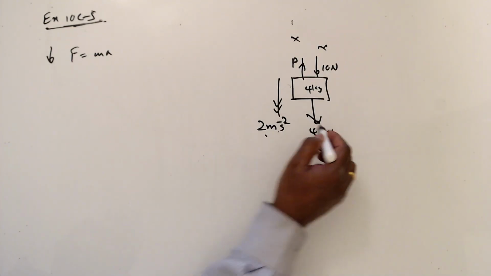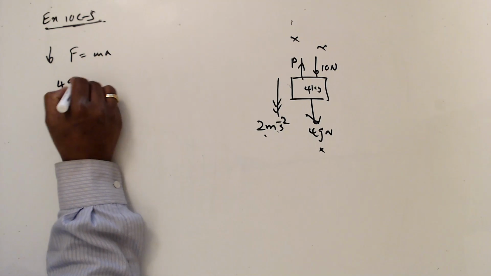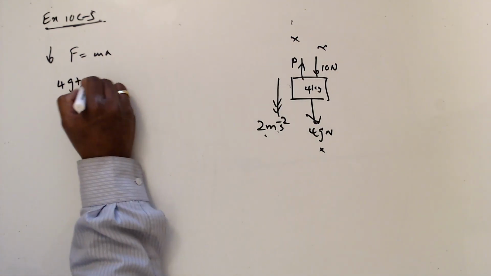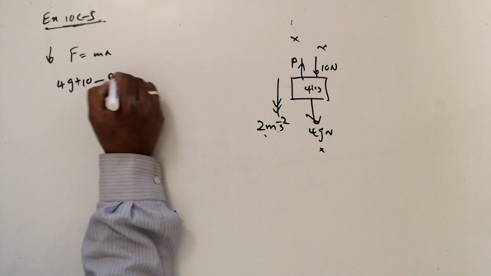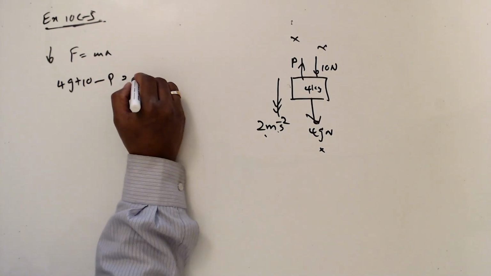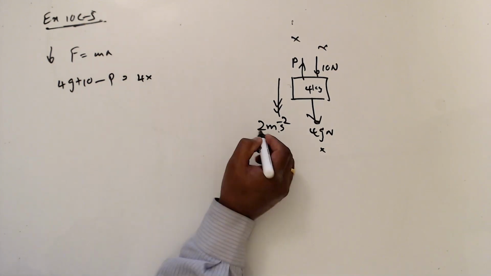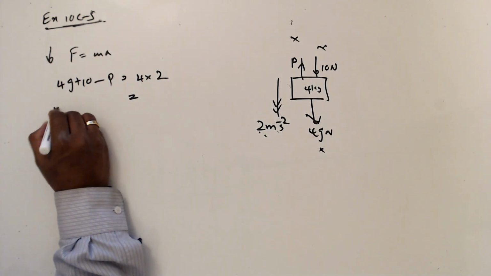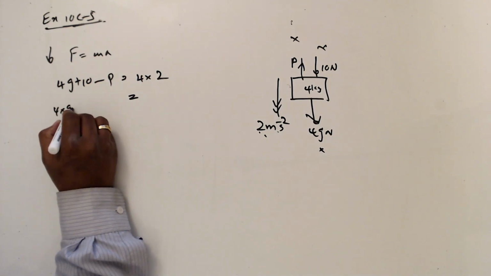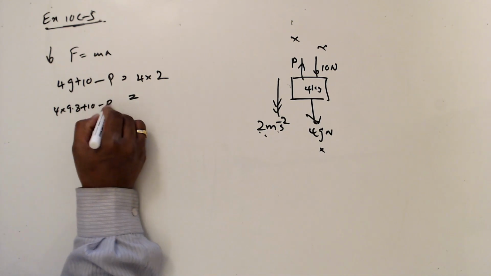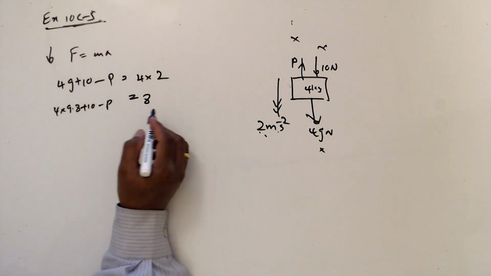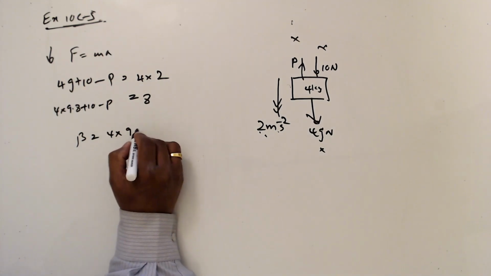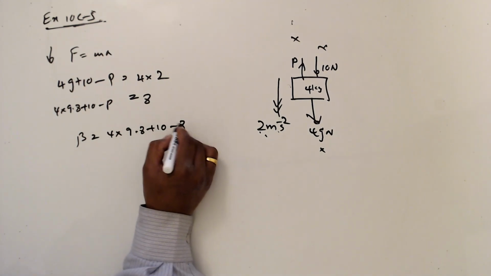So for this direction, 4g plus 10, 10 also is in this direction, minus P, which is opposite, equal m, which is 4, times a, which is given as 2. So this is going to be 4 times 9.8 plus 10 minus P equal 8. So P equal 4 times 9.8 plus 10 minus 8.